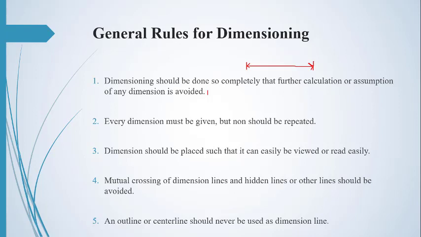Every dimension must be given but none should be repeated. Like an object, for example, again I will consider a car, and if I want to take a dimension of the car, that is from the outlines, from the start to the end, and this is a dimension line.